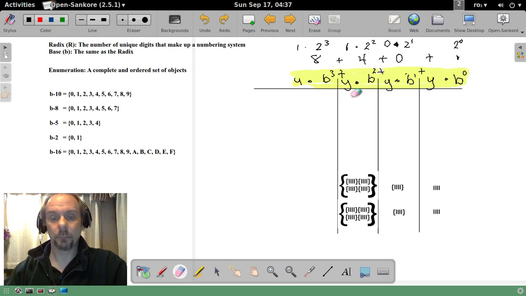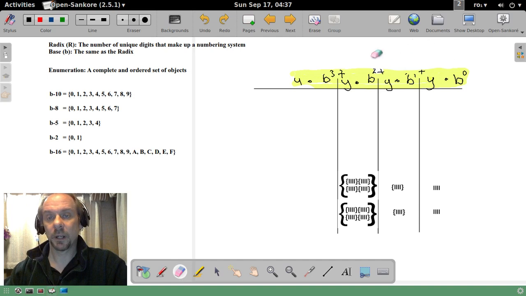Again, if we have a number here, then we get the value of 1, because 2 to the 0 is 1, and if we turn it on, 1 times 1 is 1, 0 times 1 is 0. So if it's on, then we have a 1 in this column.